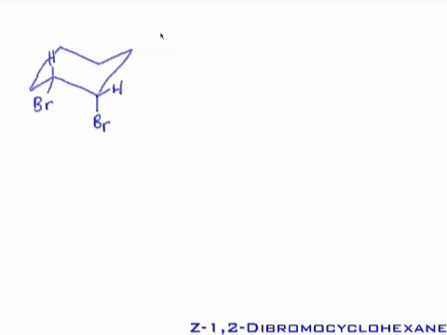I'm going to draw its mirror image. So I have to draw this, and this, and this. And so the bromine closest to the mirror is axial. So this is a perfect reflection.